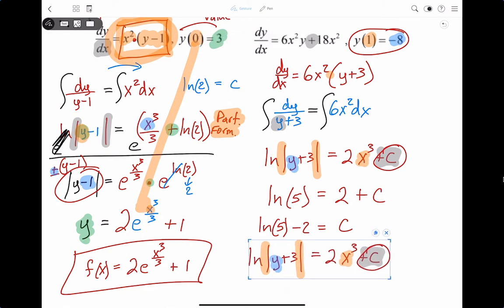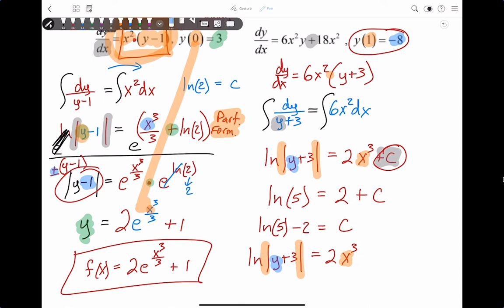And then now I'm going to plug in this c value that we just found, the natural log of 5 minus 2. So it's like plus all of this. Now this addition doesn't change the sign, so I can keep it as plus and minus. And this is what I have on the right side.